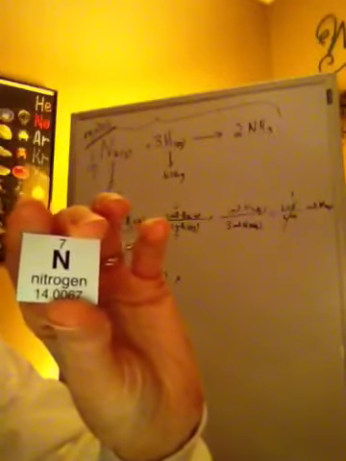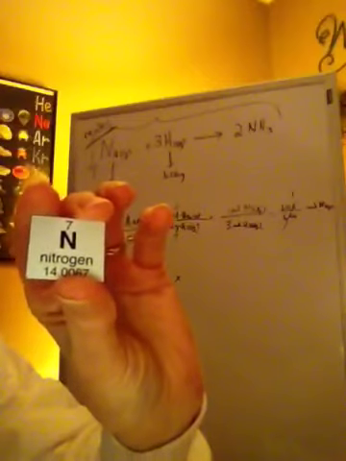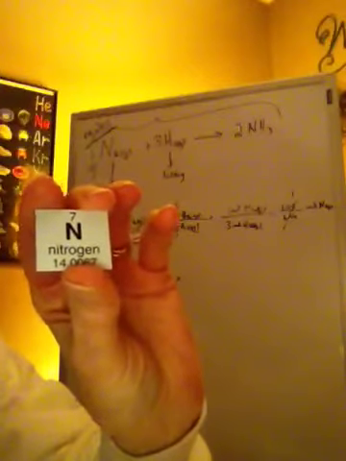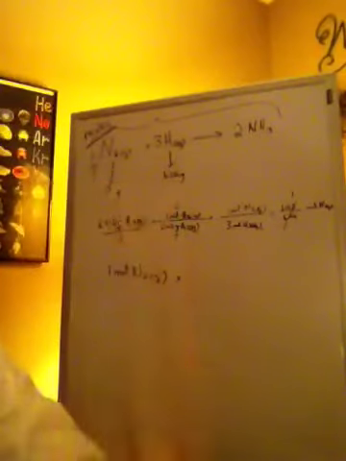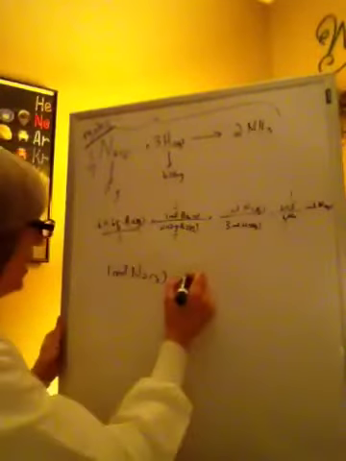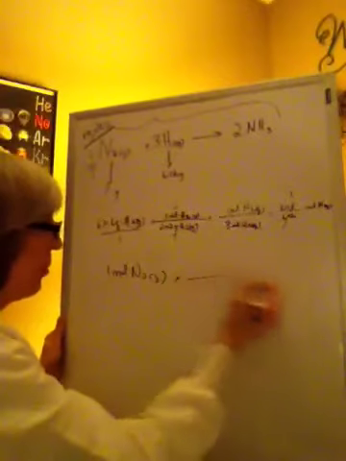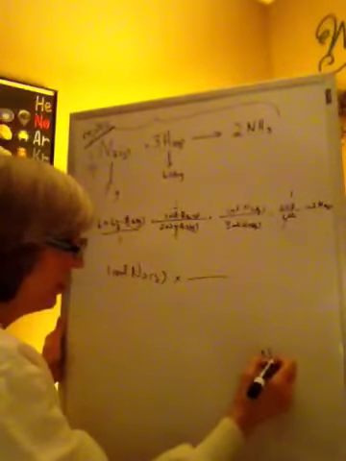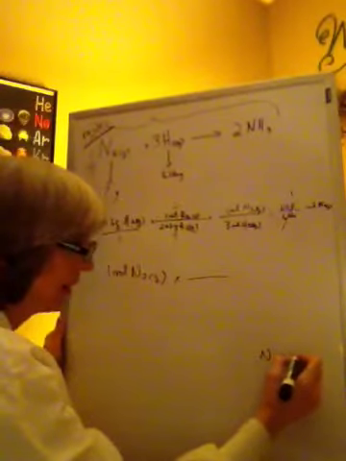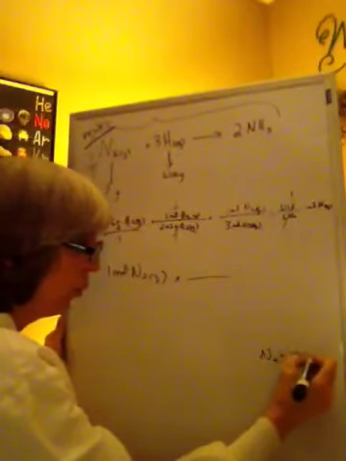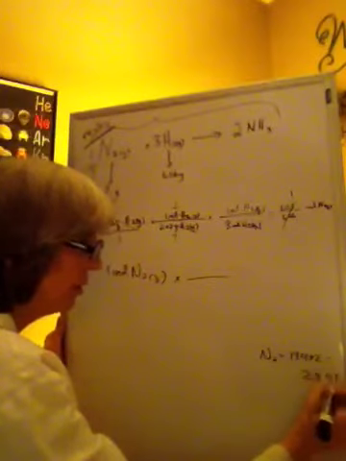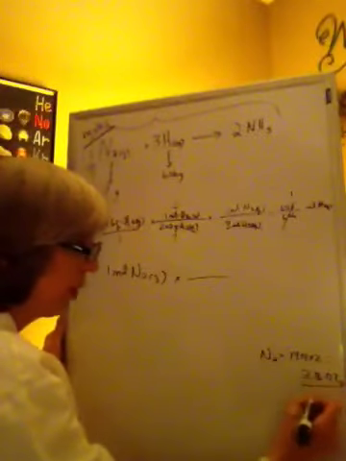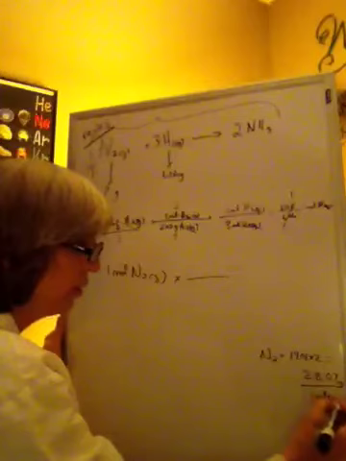Now we have a diatomic atom, and nitrogen is actually N2, so 14.01 times 2 gives us 28.02 grams per 1 mole of N2 gas.